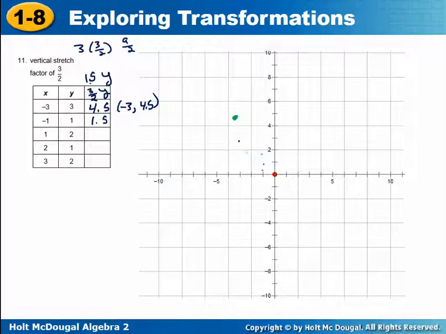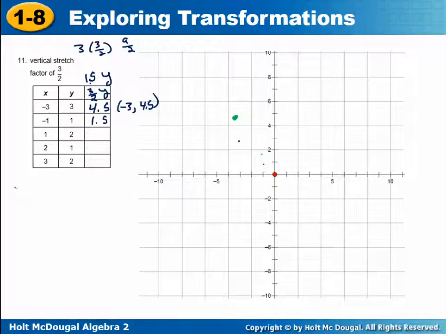So you'll do that and you'll see that they'll kind of be a ghost of each other. The vertical stretch means all the x-coordinates will be the same, but the y-coordinates will be stretched away. They'll all be just a little bit bigger. So your description, you don't have to show me the graph.